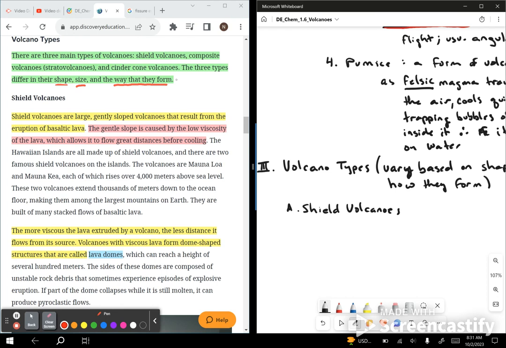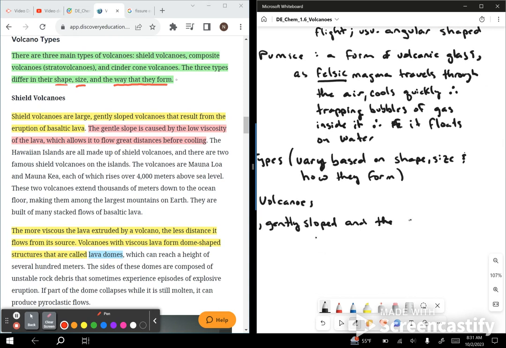Let's go ahead and write that down. They're large, gently sloped, and the result of basaltic lava.